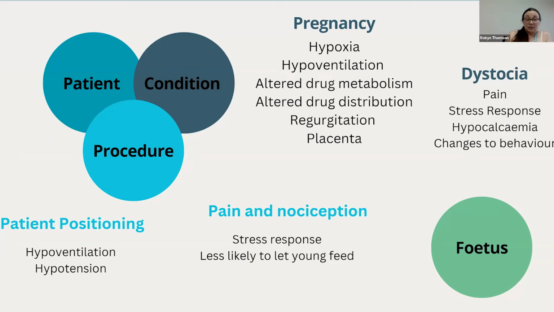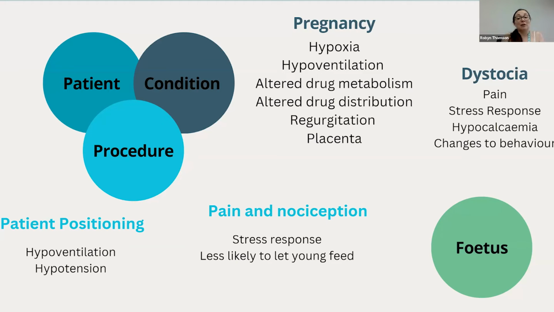If we are doing a C-section, we're going to presume that this animal has some form of dystocia, whether that is a failure to progress or a fetus that is actually stuck. But generally speaking, these animals are not in a good place at that point in time. They're potentially going to be quite distressed and in a very vulnerable position, so they might have changes to their temperament that we need to think about.